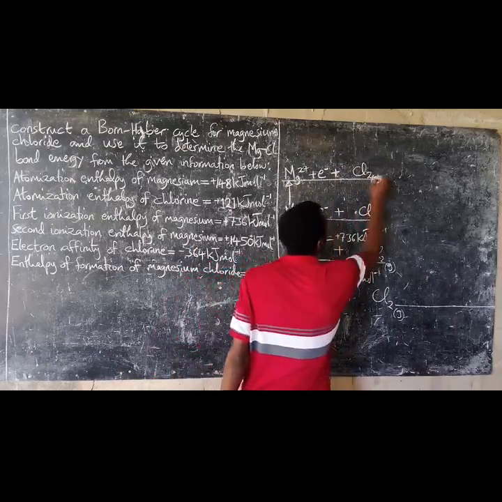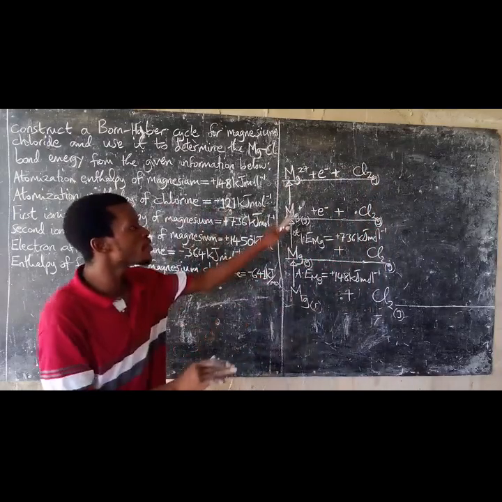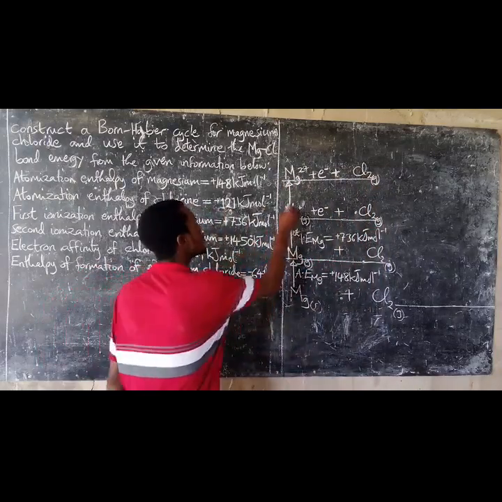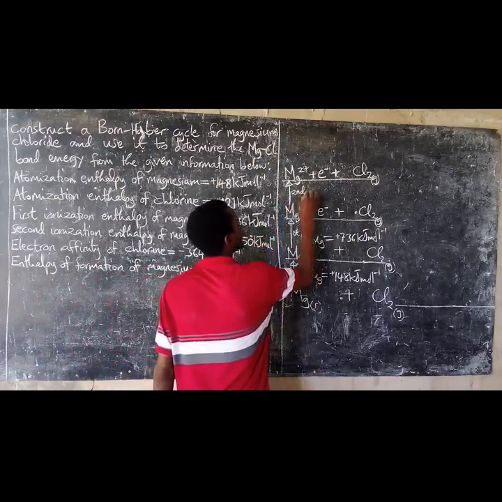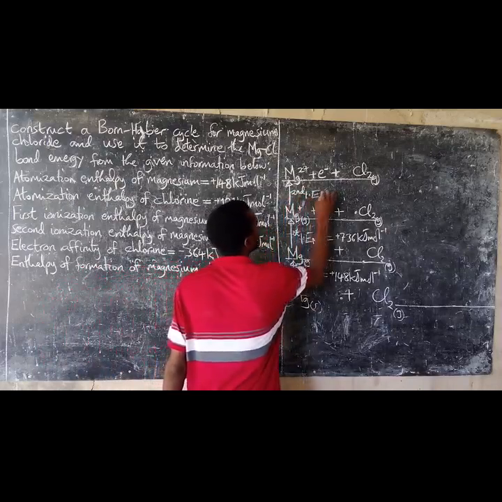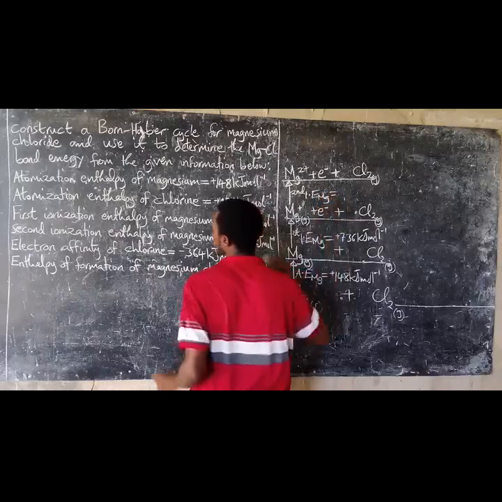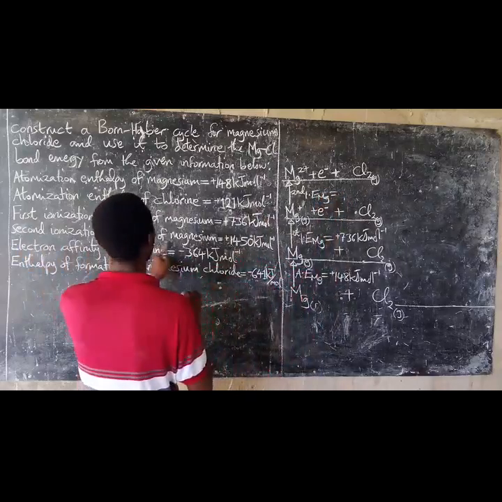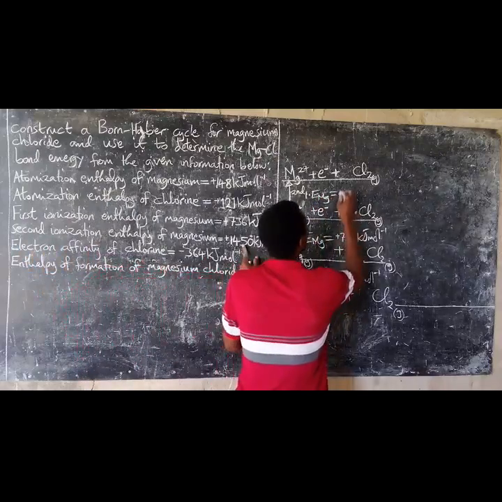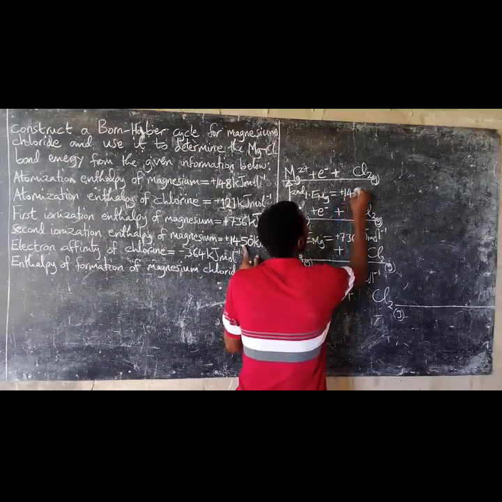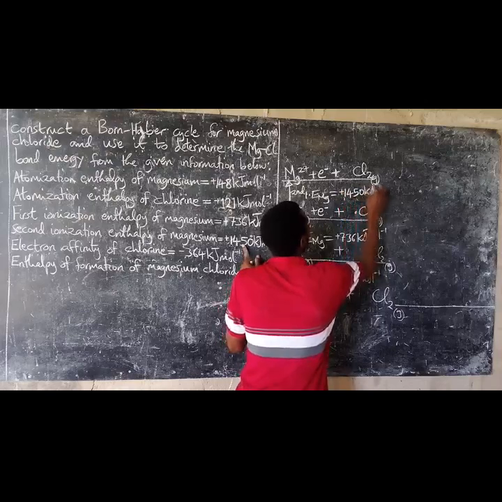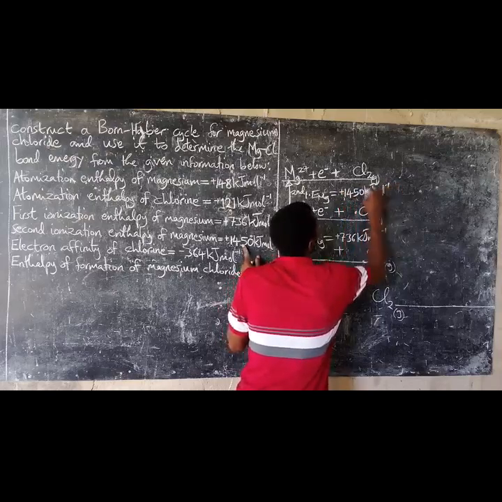You have to draw a horizontal straight line indicating the chemical species are in the same energy level. But this is the second ionization energy of magnesium, which is equal to positive 1450 kilojoules per mole.